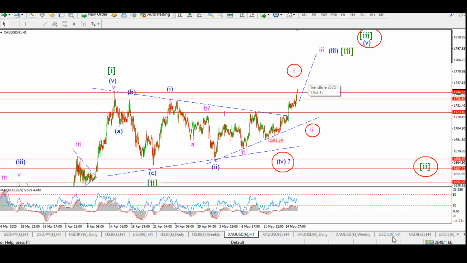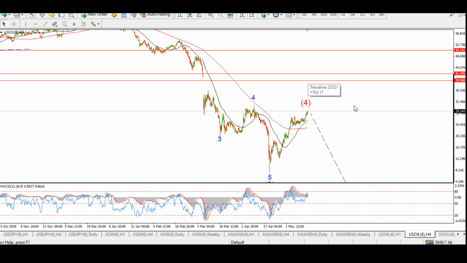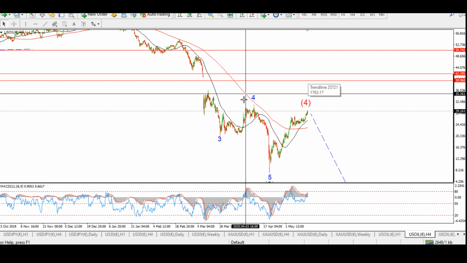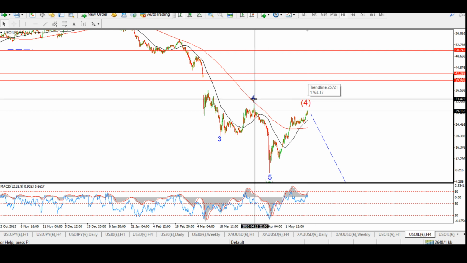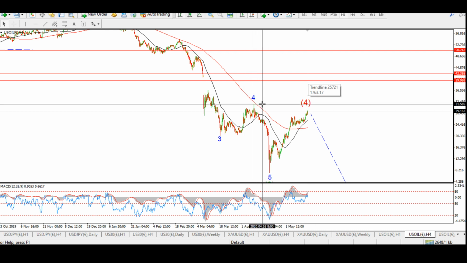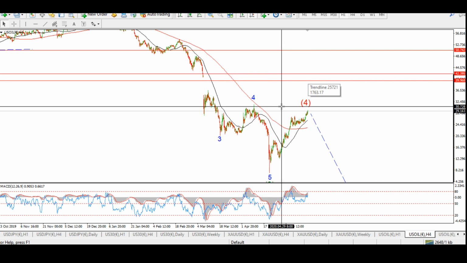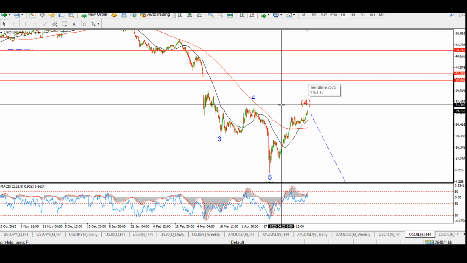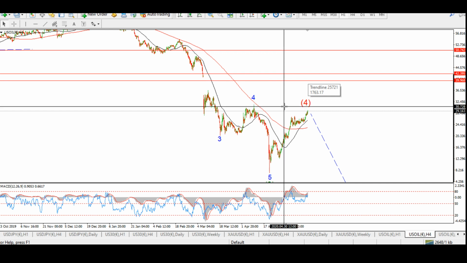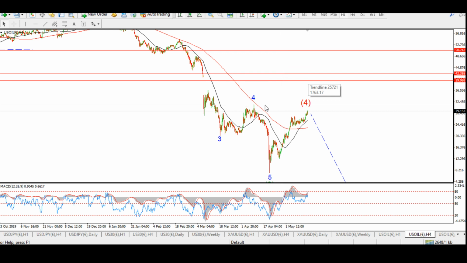Okay, let's move out to crude oil. I didn't think that wave 4 in red here would make the previous highs of wave 4 in blue, but that being said, here we are. We're pushing above the 29 handle again. Wave 4 topped out around that 31 level.